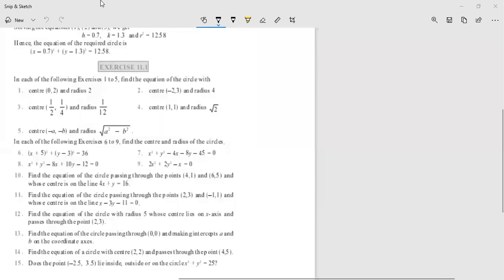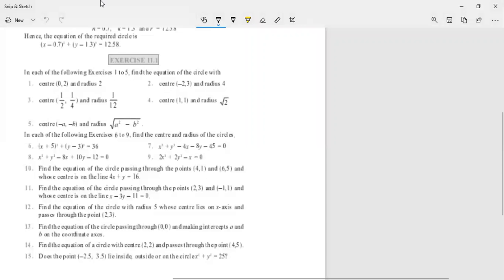We can start the exercise now. In the beginning of exercise 11.1, center and radius are given. We know that the equation of a circle is (x minus h)... So question number 1, 11.1.